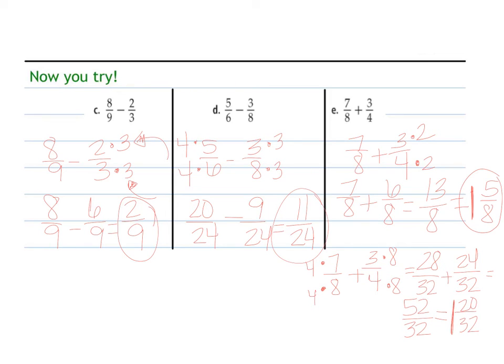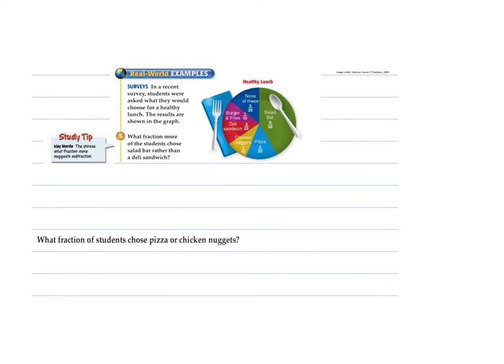I divide them both by 4, and I would still end up with 1 5/8. So it's just a little bit more work, a little bit more simplifying, but if you don't do the least common denominator, you still are going to end up with the same answer as long as you do all of your simplifying correct.